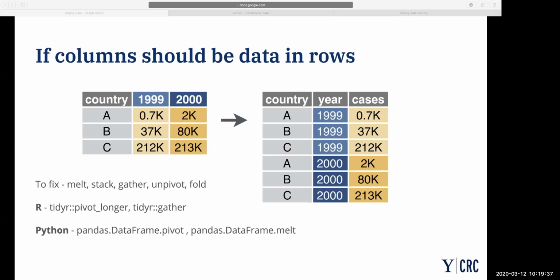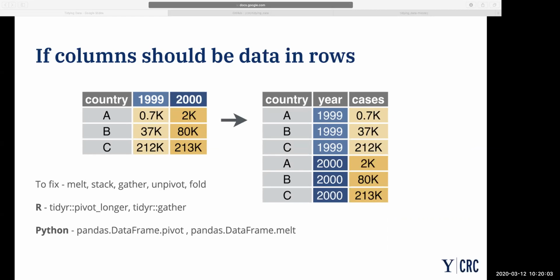And the language that people use for this operation is varied. So sometimes it's called melt, sometimes it's called stack, sometimes it's called gather or unpivot or fold. Some examples of functions in R from the tidyverse that would do this would be tidyr's pivot_longer, or gather.